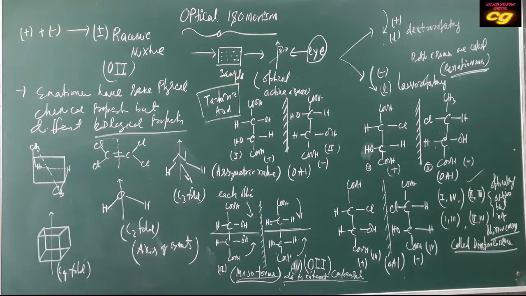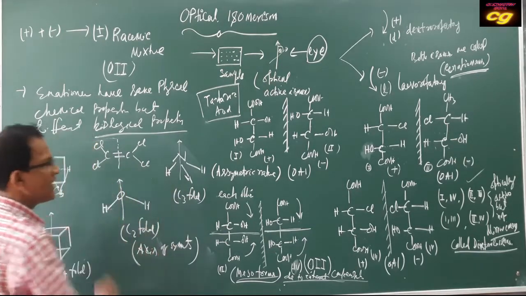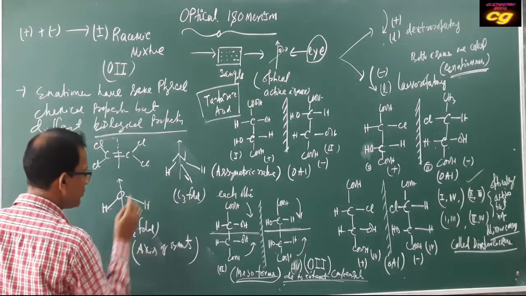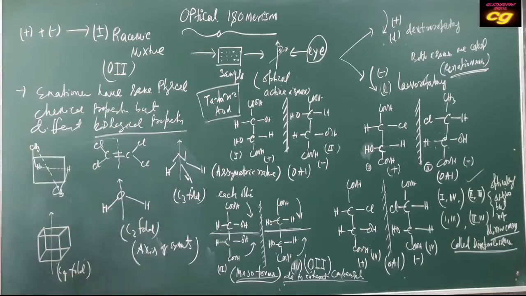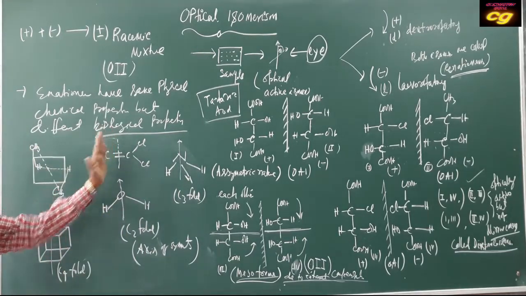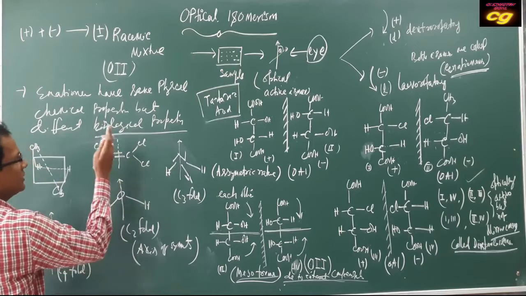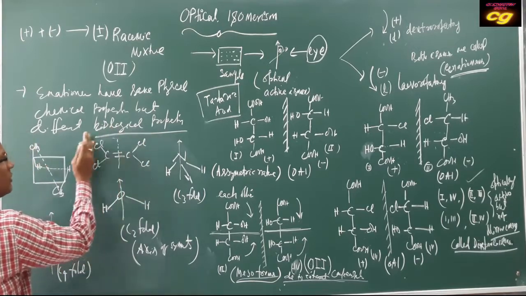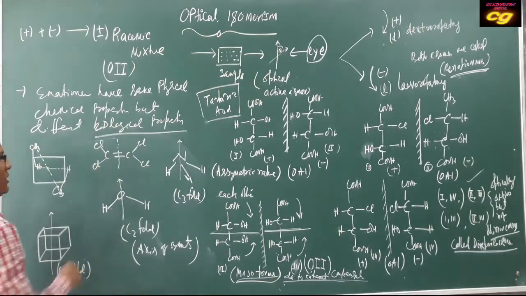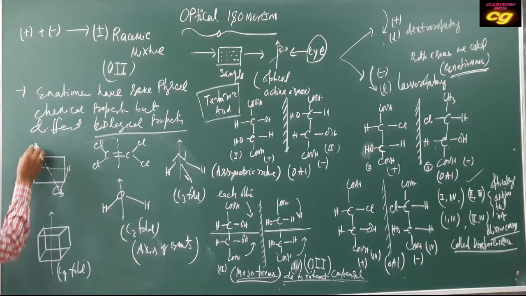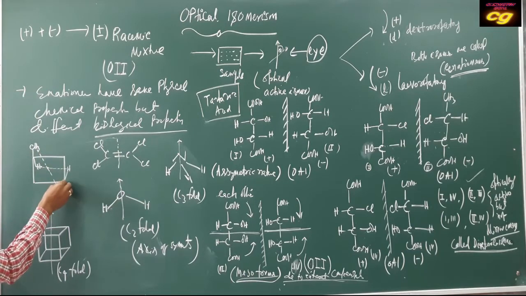This is a three-fold axis of symmetry. It is a two-fold axis of symmetry. This is plane of symmetry. If you fix here, then this side is equal to this side. This is the plane. This is your center of symmetry. You see, methyl is upward and here methyl is downward.